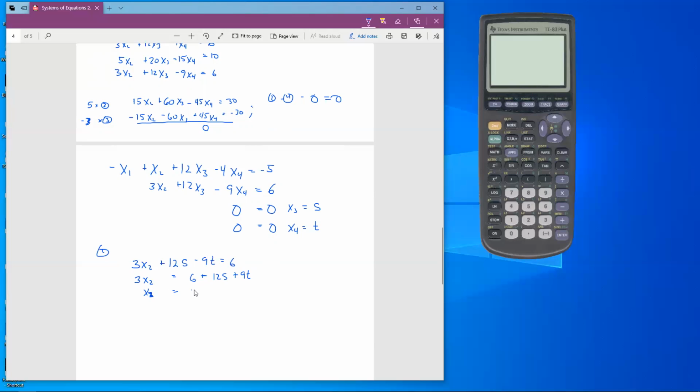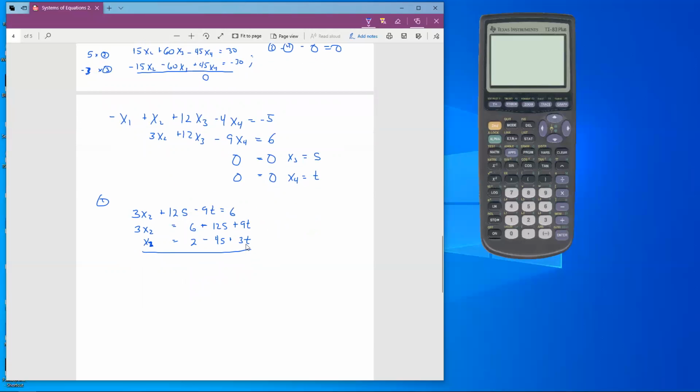We divide everybody by 3, we get 2, right? 6 divided by 3, minus 12 divided by 3, okay? And then 9 divided by 3, all right? And that's my x2. Now let's go ahead and plug this in. We have x2 here.